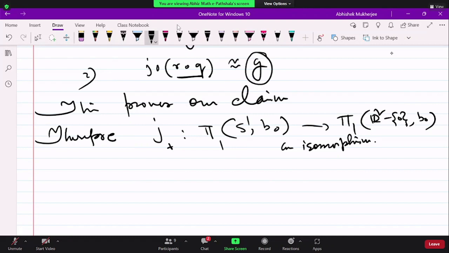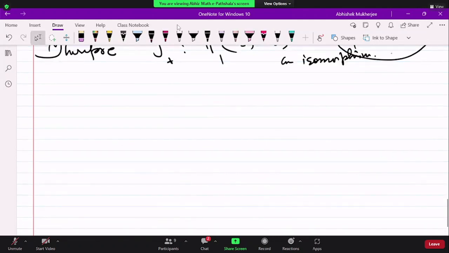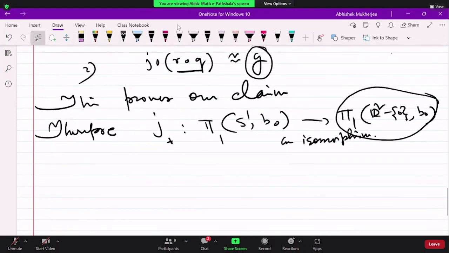So therefore, this fundamental group is also an abelian group, which is Z plus. In fact, it is an infinite cyclic group, right? And according to the discussion that we have already mentioned above, this does not change if you want to generalize this discussion to Sn.